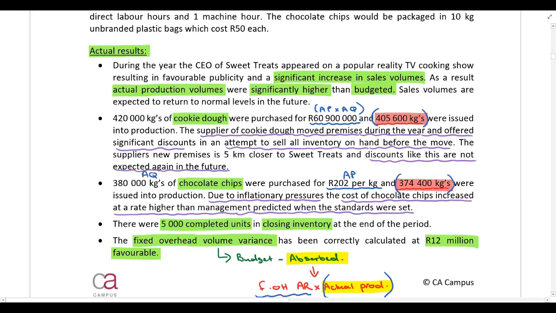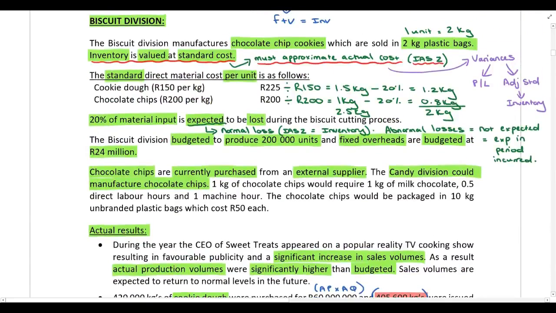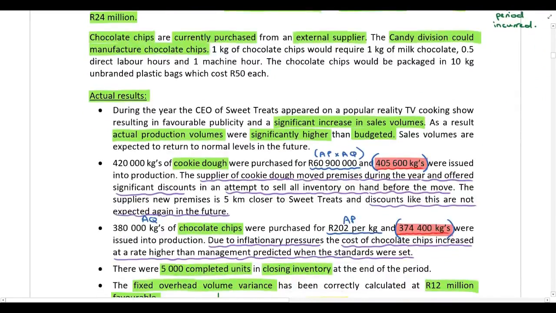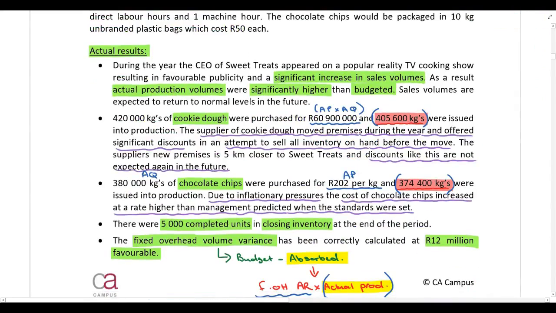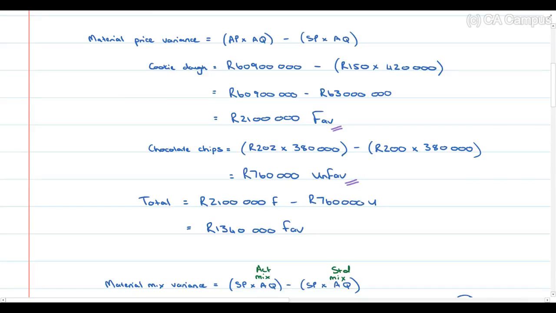So when the standards were set, management anticipated that the price of chocolate chips would be 200 Rand per kilogram. However, because of inflationary pressures, the cost was actually 202 Rand per kilogram. So this indicates that the standard is outdated, and the variance needs to be accounted for by updating the standard and adjusting the value of inventory. So that deals with the material price variances.